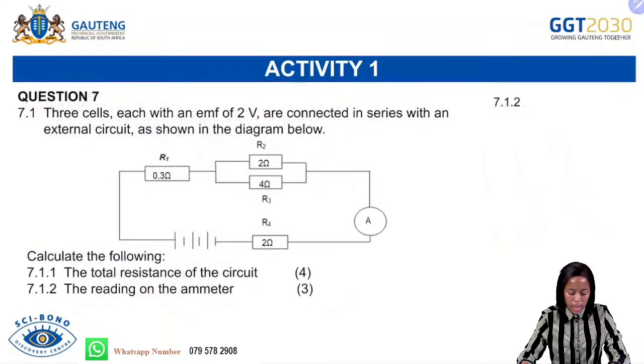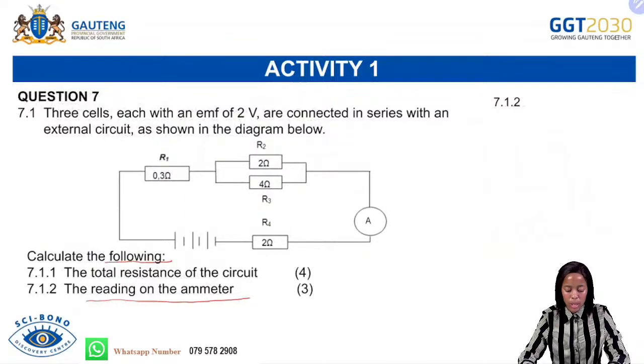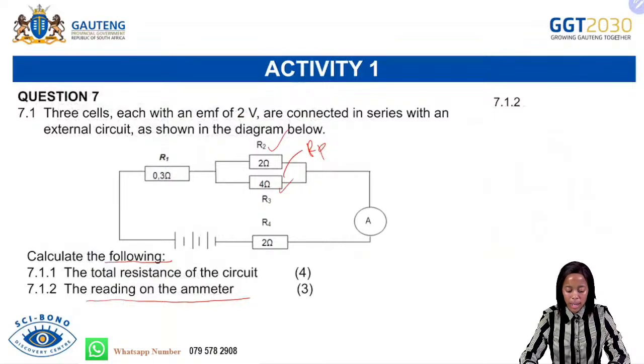Okay. Then next it says calculate the following, the reading on the what? The reading on the ammeter. So remember, we used R2 and R3 to calculate the total resistance in parallel.